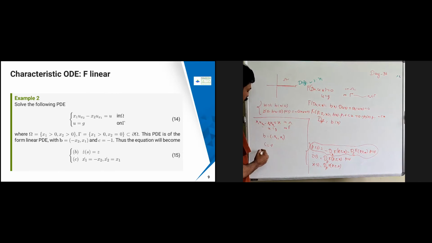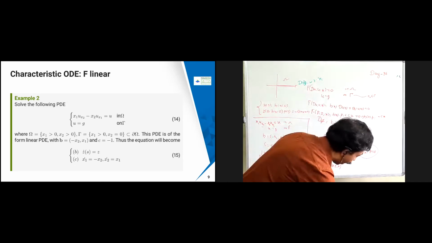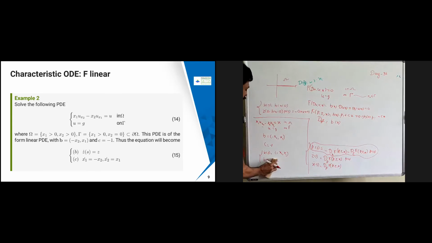So I can substitute it over here. Therefore, x dot of s is going to become P of x of s, which is nothing but minus x2 comma x1, and z dot of s is going to become minus C of x and z, which is z.